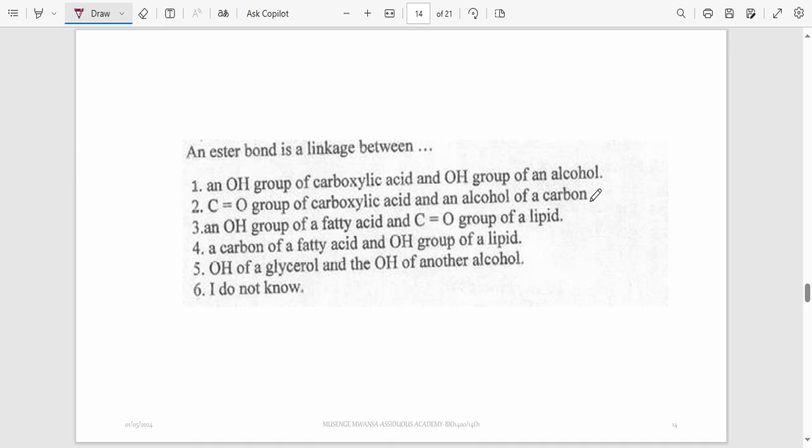Why is option 2 not correct? An alcohol of a carbon, right? And okay, good. And then option three, an OH group of fatty acid and CO of a lipid. Why is that not correct?